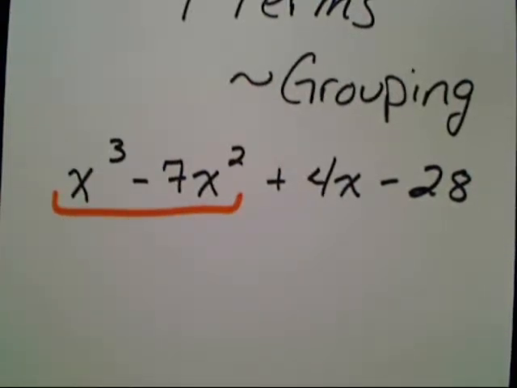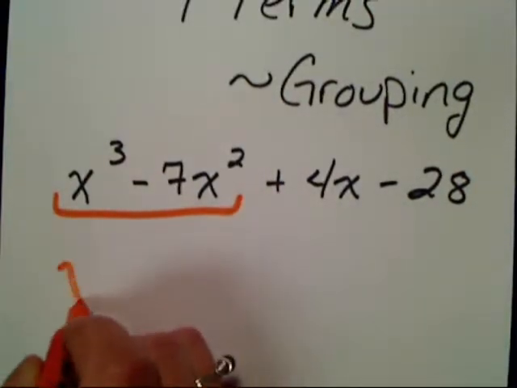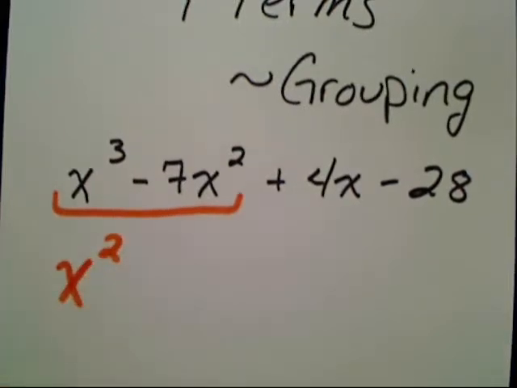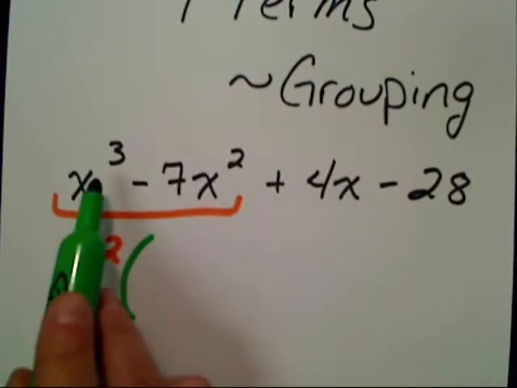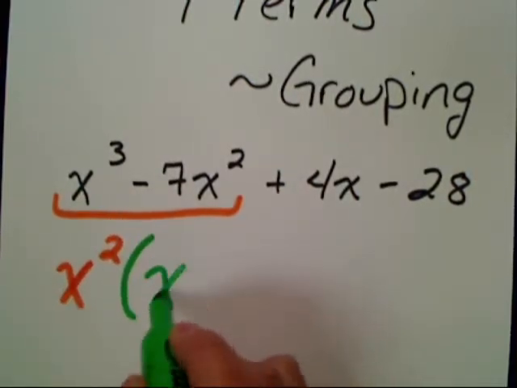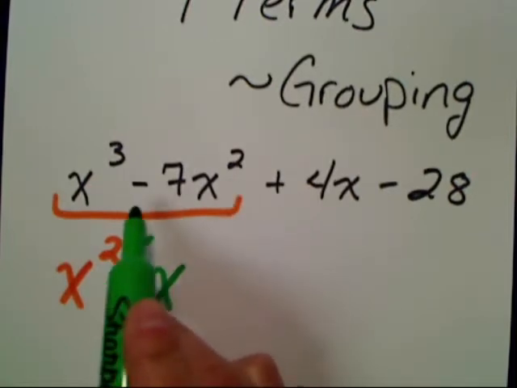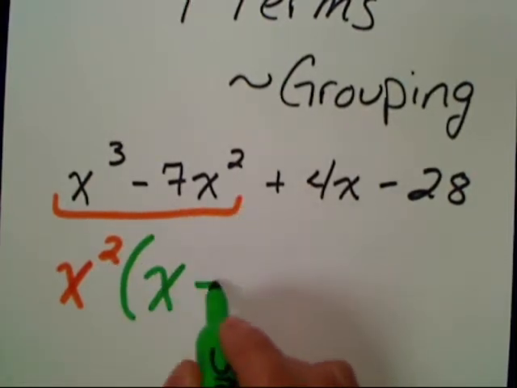The greatest common factor with my variables is the smallest exponent. So I have an x squared that's common. If I pull out an x squared, what am I left with? Well, I took out 2 of the x's, I had 3, so I have 1 left over. I took out the 2 x's, so I'm left with the minus 7.